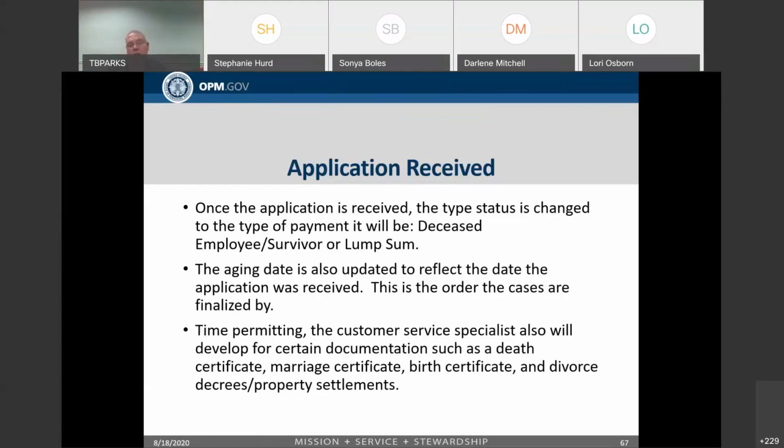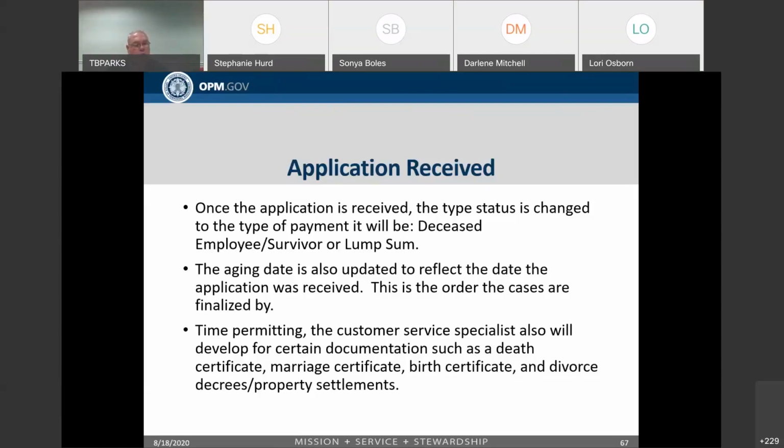We have a hyper show on our website that shows what our processing times are, and to accurately report those, when we receive the application, we update the aging date on our system, because until we truly have that application, we can't even act upon that case.